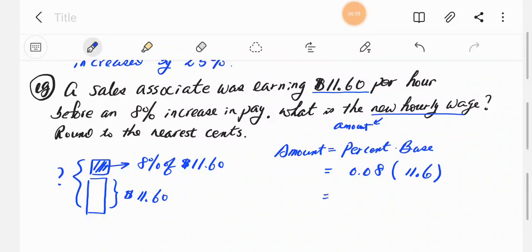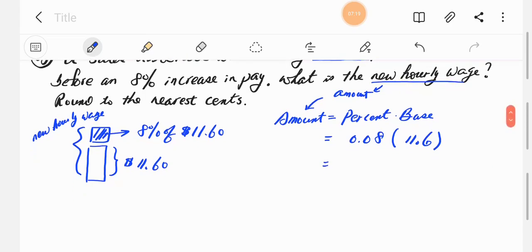So let's find the amount. So the amount is equal to, let me write it here. So this is the new hourly wage, right? All right, so multiply these two numbers.